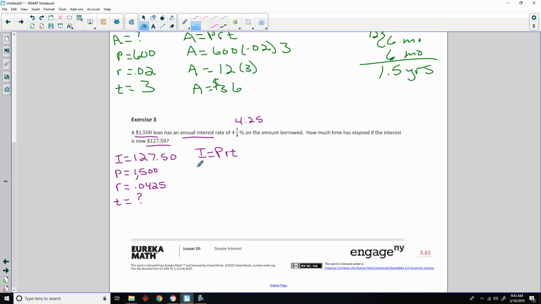So we substitute in our givens. 127.50 equals 1,500 times 0.0425 times t.